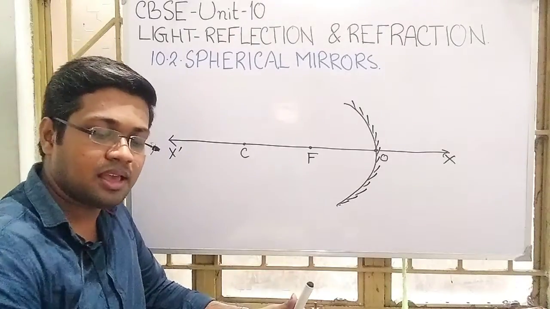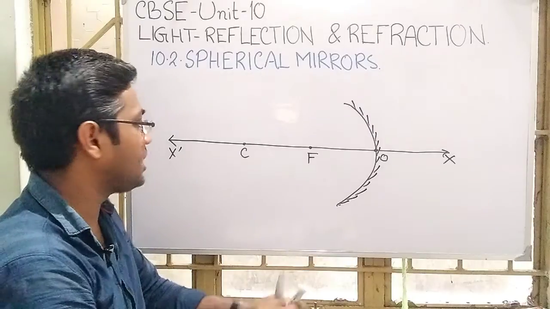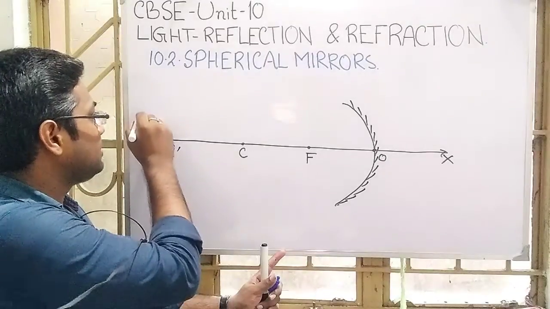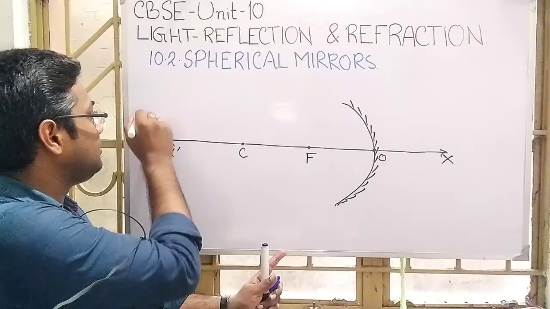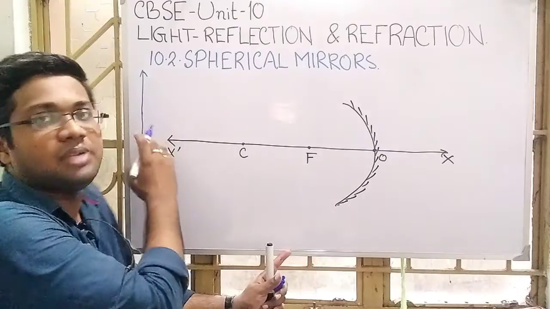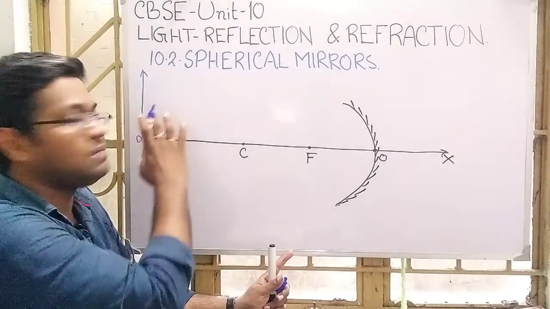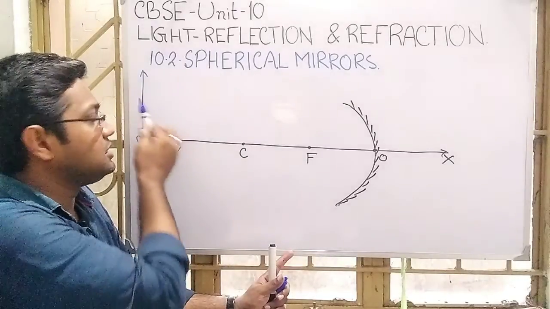If I at first place the object at infinity, obviously it is of larger size that we cannot draw in the diagram, but we try to draw it like this.